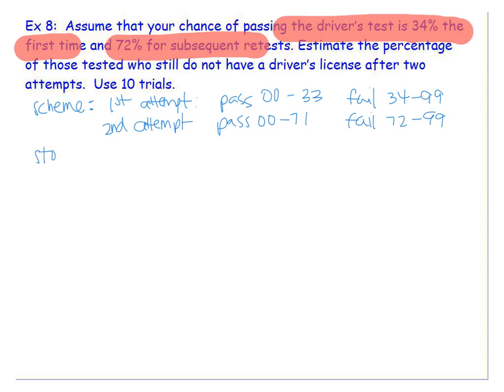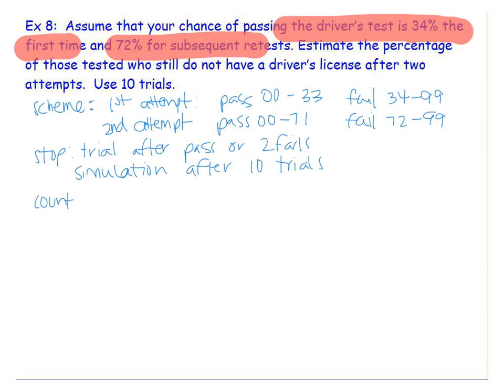So when do we stop? We're going to stop each trial either after you pass or 2 fails. And we're going to stop the simulation after 10 trials.